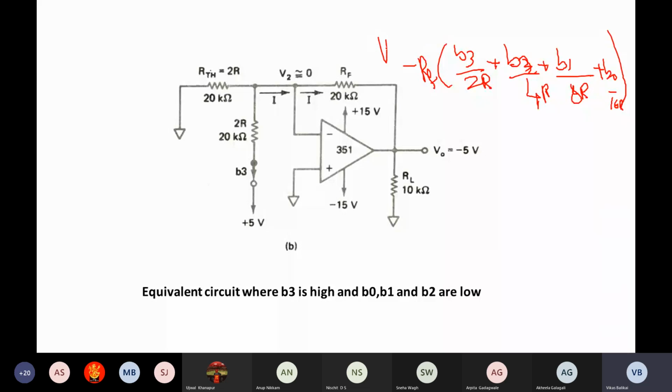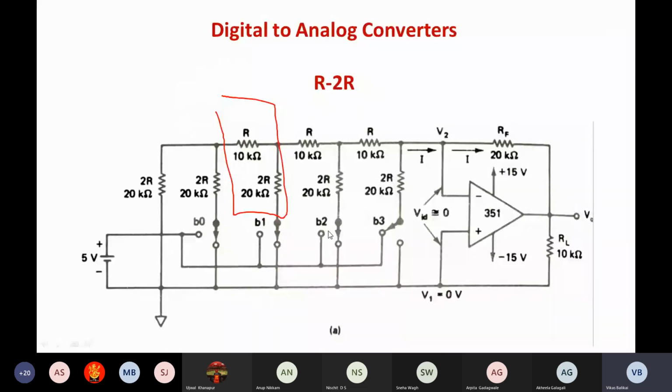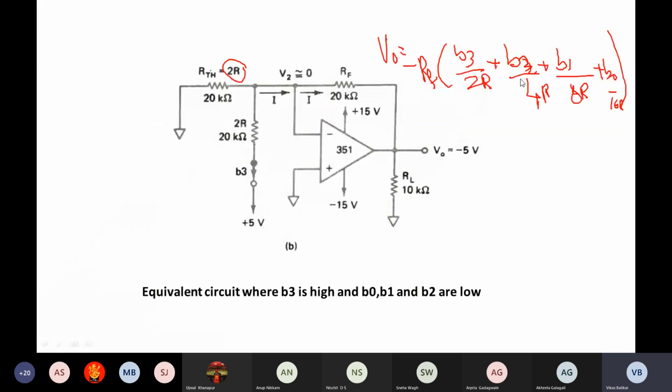So this is my final total V0 equation, based on the values present over here. Why did I take B3 by 2R? Because the Thevenin equivalent gave me 2R. If I do the same thing for B2, considering the B2 switch high, when I calculate the Thevenin voltage and Thevenin resistance, I get 4R.